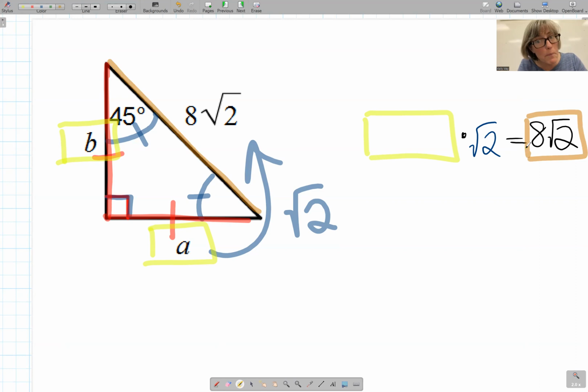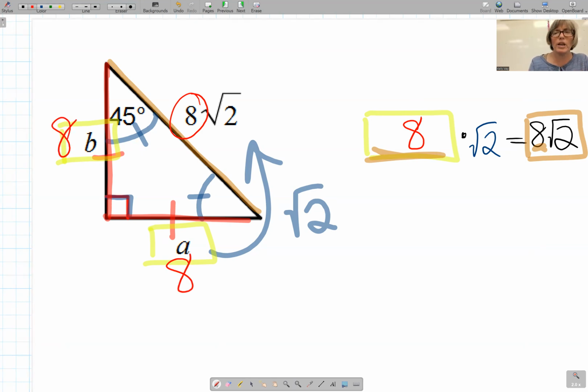So something times root 2 is 8 root 2. Or something's 8. What times root 2 is 8 root 2? The something is 8. So A would be 8, and since the legs are equal, B would be 8.